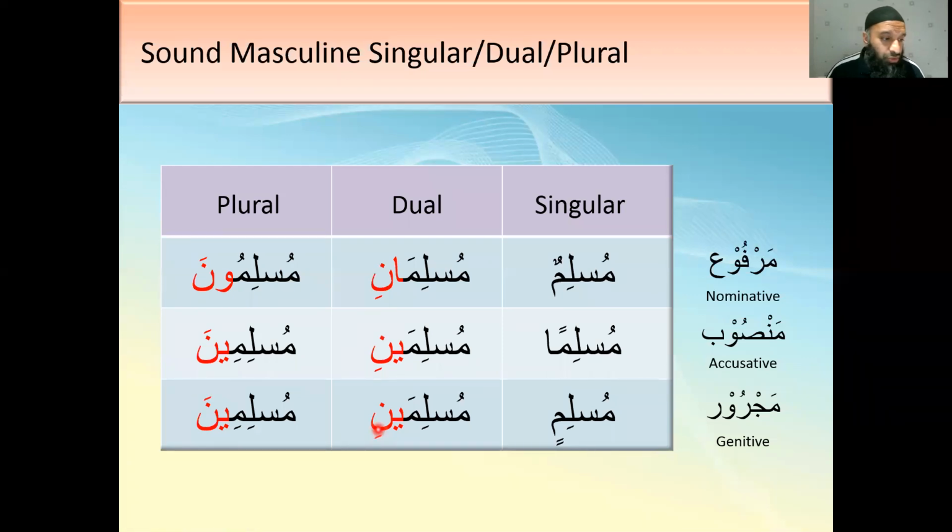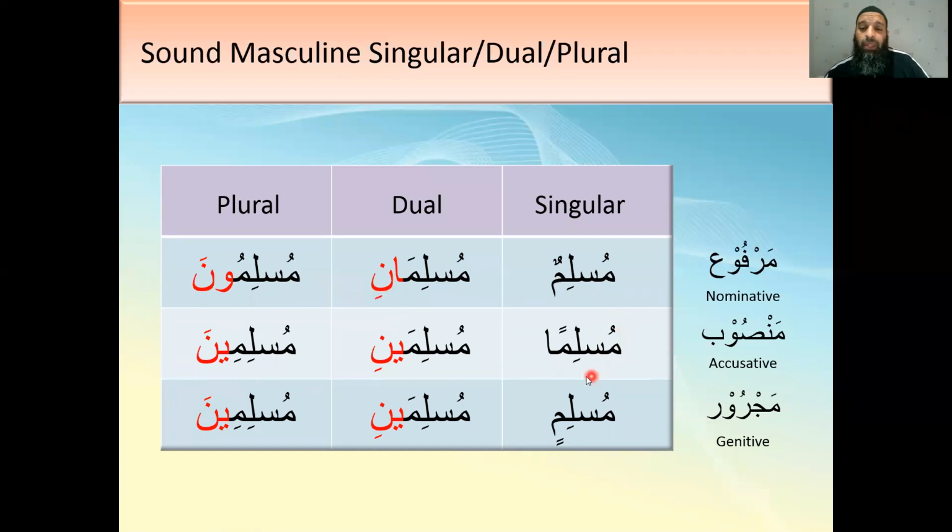Yes, do we just memorize it? Just memorize it. So you could say Muslimun, Muslimani, Muslimuna, Musliman, Muslimaini, Muslimina, and just keep repeating. I find the way I do it is I just keep on repeating it until I know it. You might find another way to understand it better. Like ani is marfu, and then the other 2 are mansub majroor. Just remember one and then you know the others. But yes, you just have to memorize it.